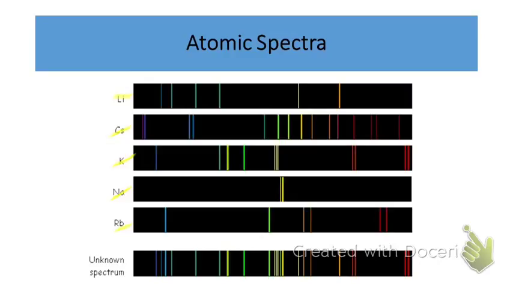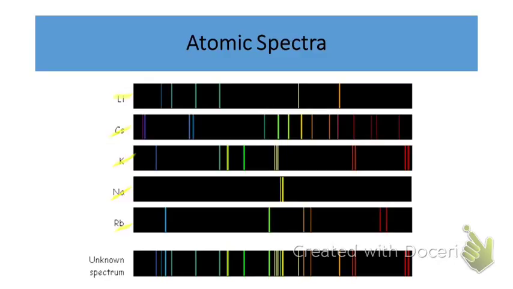But one of the things is that each one of these line spectrums for each of these atoms is different from each other. No two atoms have the same identical line spectrum, or in other words, different elements do not have the same line spectrum.